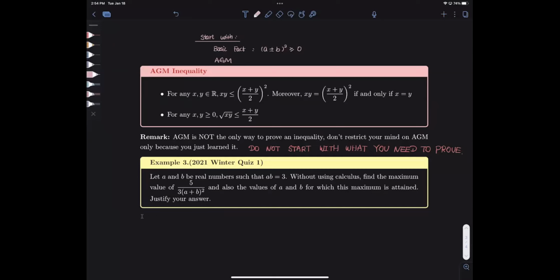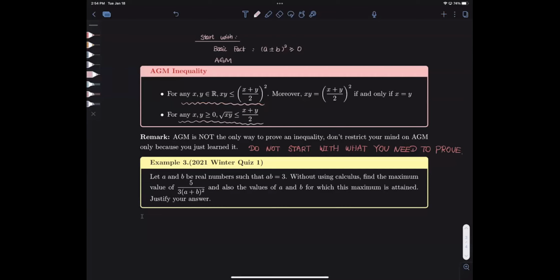That's the first thing I want to mention. Another thing I want to mention is, if you look at AM-GM inequality, you'll see that the first one works for any real number, but the second one works only for non-negative numbers.